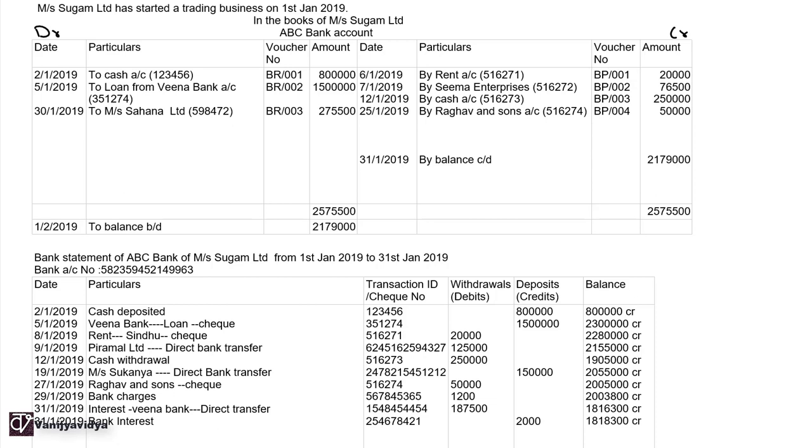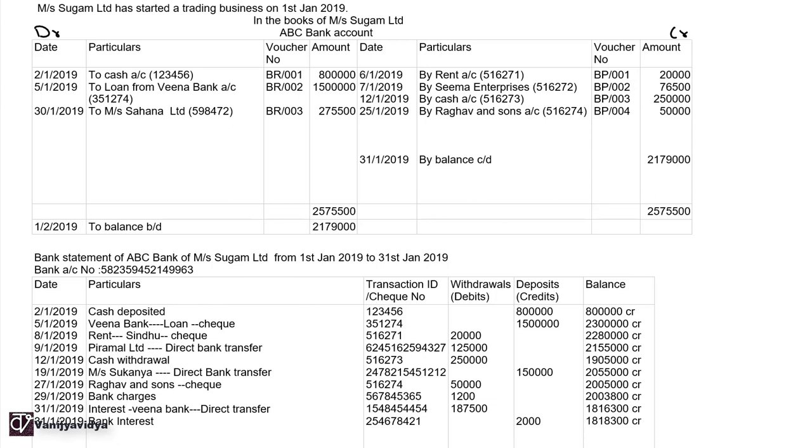Now we will be seeing each and every transaction in your bank account and the bank statement, and we will be matching all the transactions. So if the transaction is appearing in the bank account and the bank statement, then it won't appear in the bank reconciliation statement.